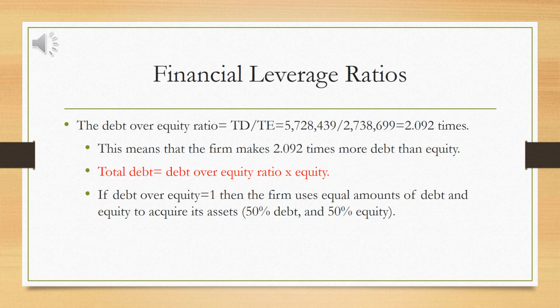This means that the firm makes 2.092 times more debt than equity. Total debt equals debt over equity ratio times equity. If debt over equity ratio is 1, then the firm uses equal amounts of debt and equity to acquire its assets, as in 50% debt and 50% equity.